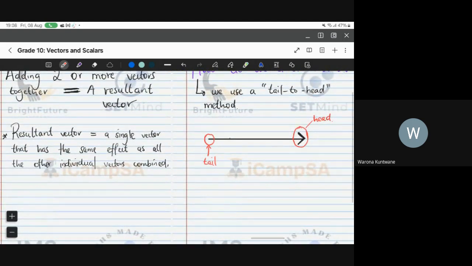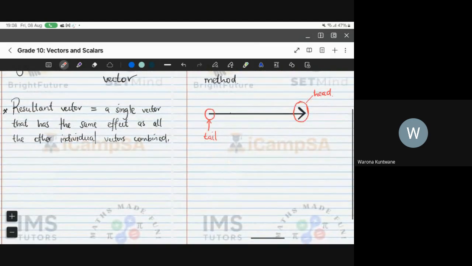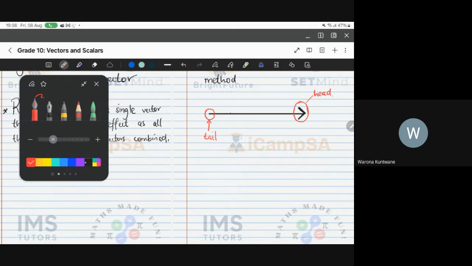Now, the way it works is, imagine we are given a force, let me say a quick example.